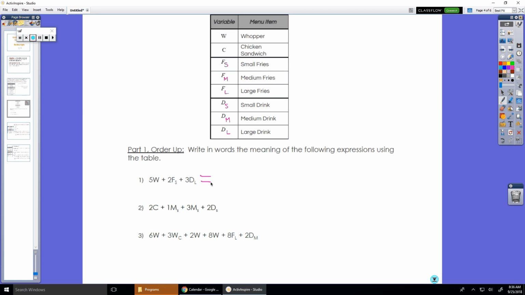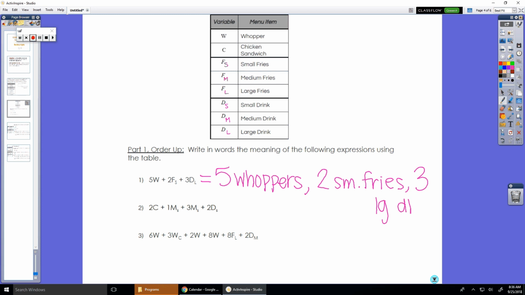So you are going to order 5 Whoppers, two small fries, and 3 large drinks. Okay? So I want you to go through and complete the order. So what did each family order?